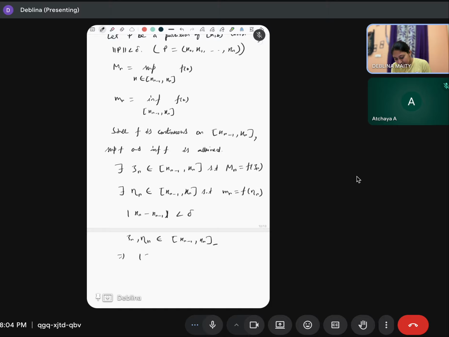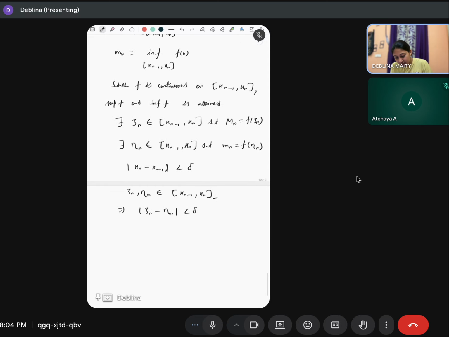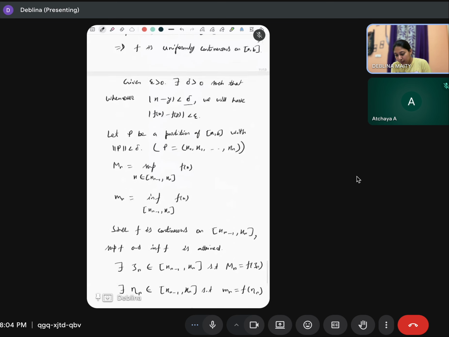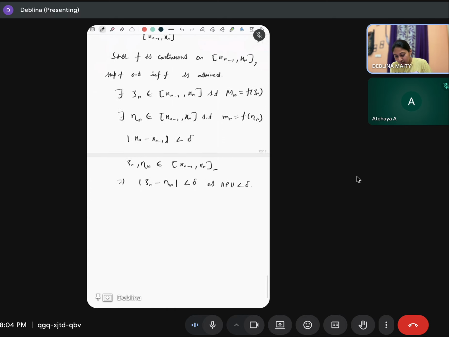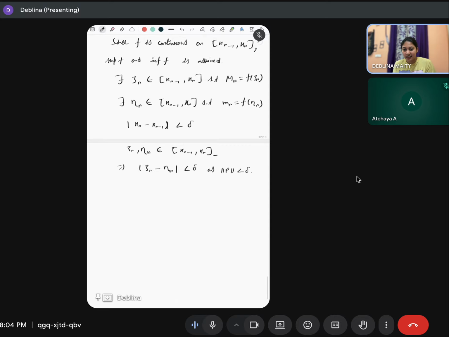This means the difference of these two numbers is also less than delta, as norm P is less than delta, right? Now from uniform continuity, whenever |x minus y| is less than delta, we have |f(x) minus f(y)| less than epsilon. So now since |zeta_r minus eta_r| is less than delta, this will imply |f(zeta_r) minus f(eta_r)| is less than epsilon.